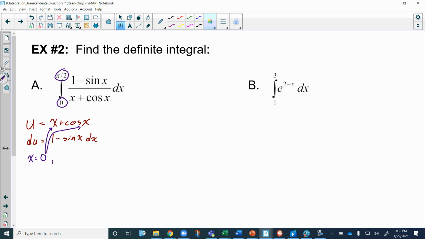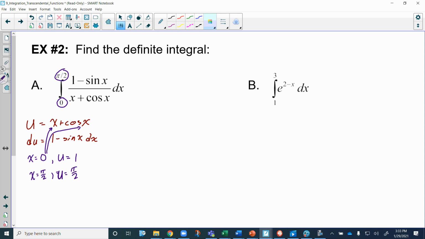When x is 0, 0 plus cosine of 0 is 1, so 0 plus 1 gives a u value of 1. And we'll do the same thing with the upper bound. So when x is equal to pi over 2, cosine of pi over 2 is 0, so pi over 2 plus 0 is just pi over 2. So u is equal to pi over 2.